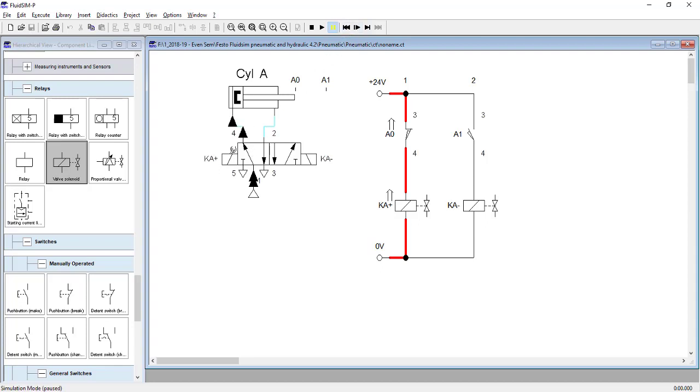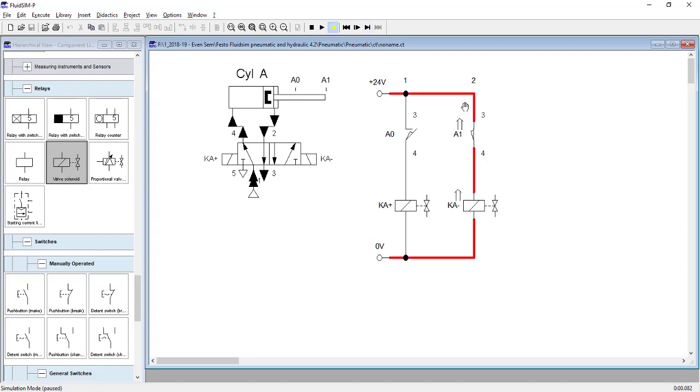Compressed air is going to the left side and the piston is moving outwards. As soon as the piston moves even a little bit outward, A0 opens, so the electricity to Ka plus stops. But compressed air keeps on going, so the piston will keep on moving till it reaches A1.